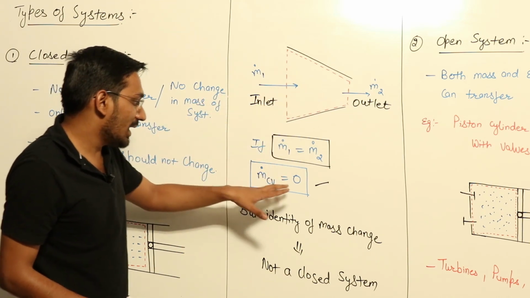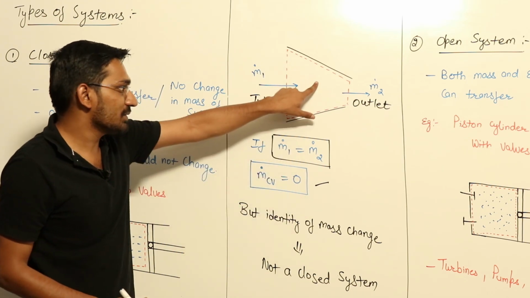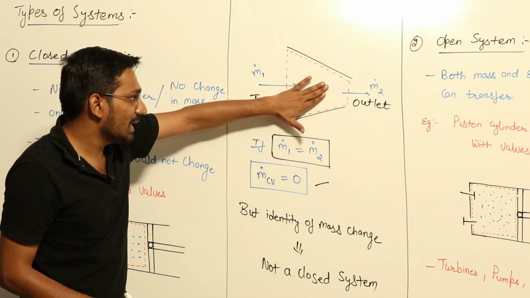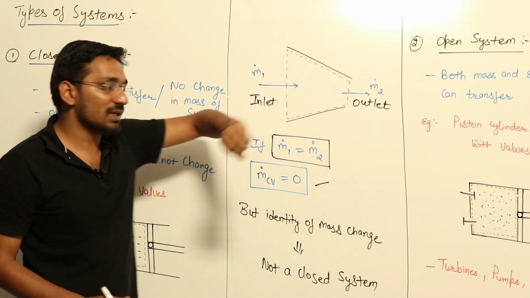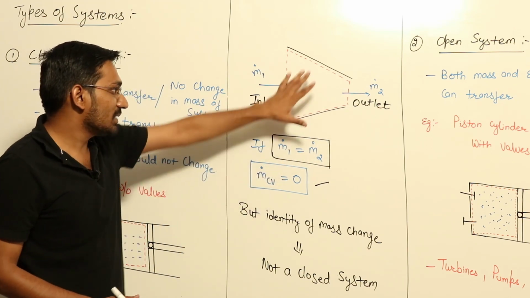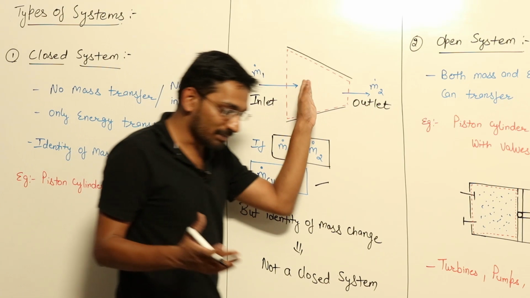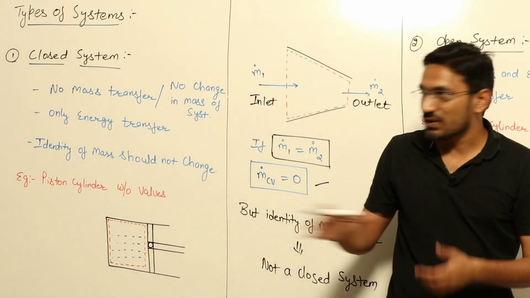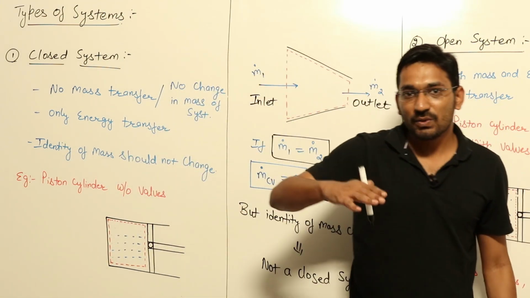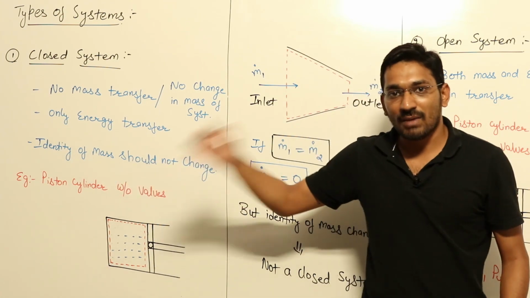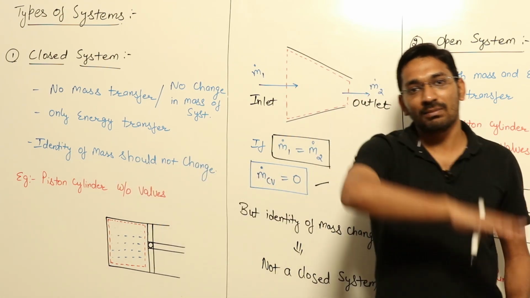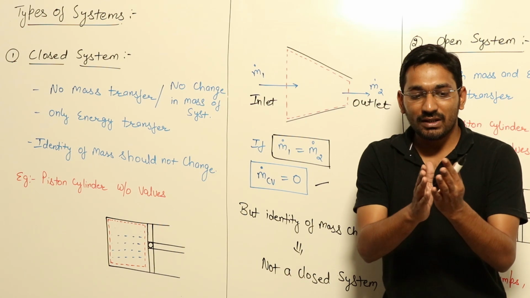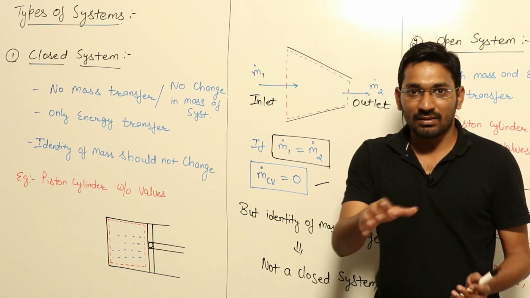So we are saying that there is no change of the mass of the system, but in this case the identity of mass is changing. If I am taking a general example, suppose in a class there are 10 students and one student goes out of the class, and another student comes in. So the net students in the class is 10, right?